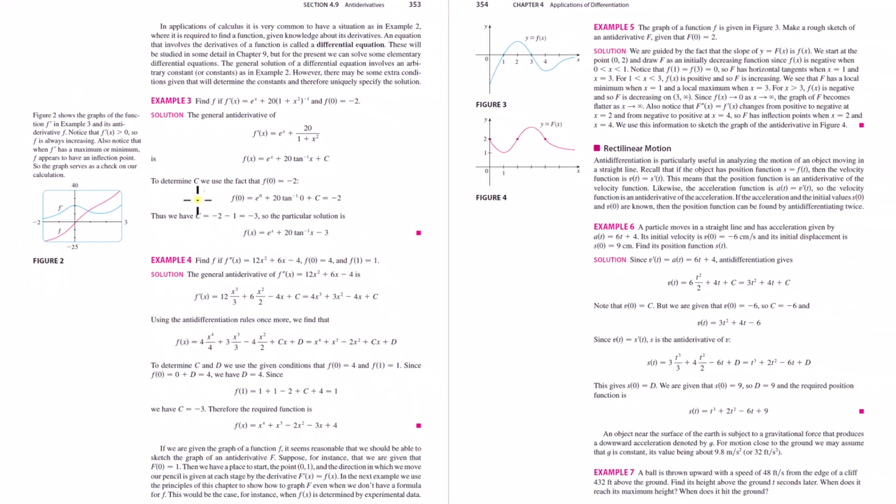Okay, so here's just more antiderivative examples. Rectilinear motion. This is the classic example: if you have the position of something with respect to time, you take its derivative, you get the velocity. You take the derivative of the velocity, you get the acceleration. That's rectilinear motion. So you can solve for the position of something and its velocity and acceleration, going back and forth between differentiation and anti-differentiation.